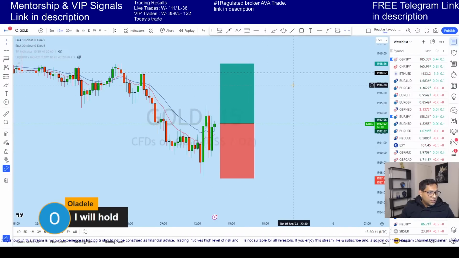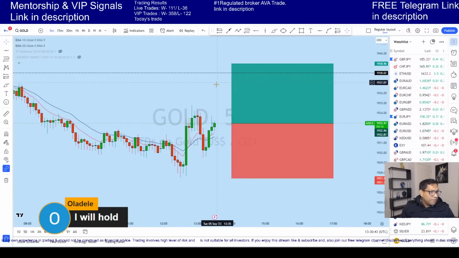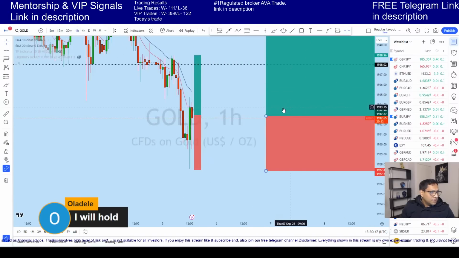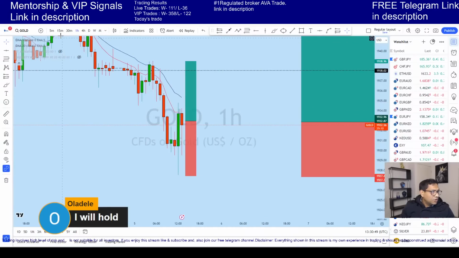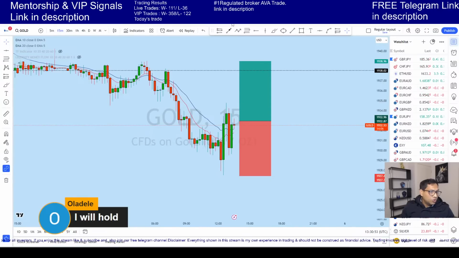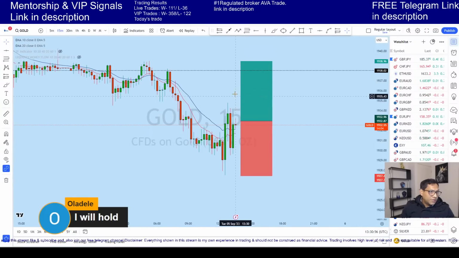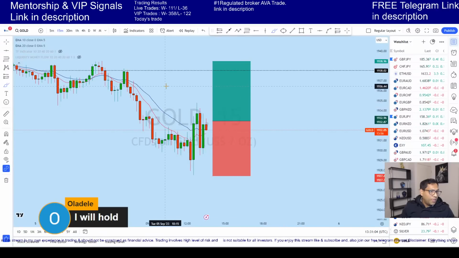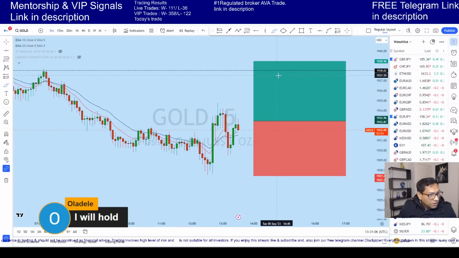Here we could see upside, but I want to find a new setup. The way I expected in the beginning with this move, the price to break to the upside, but it didn't do that. It created this long rejection. So we will be waiting for a better entry on this one.